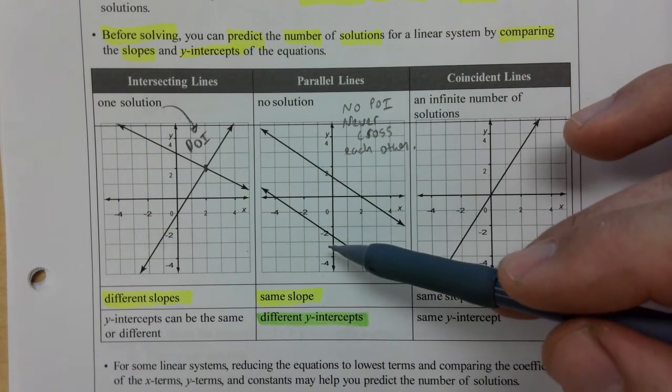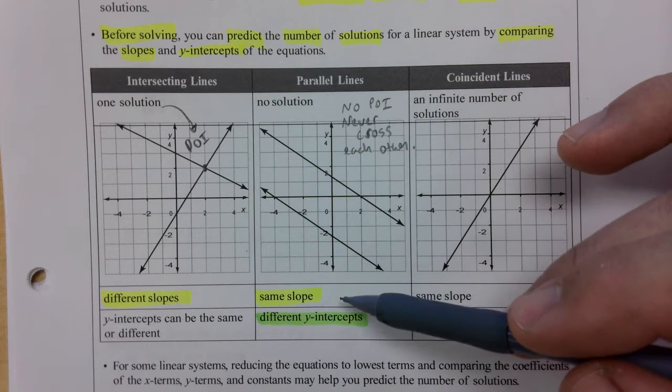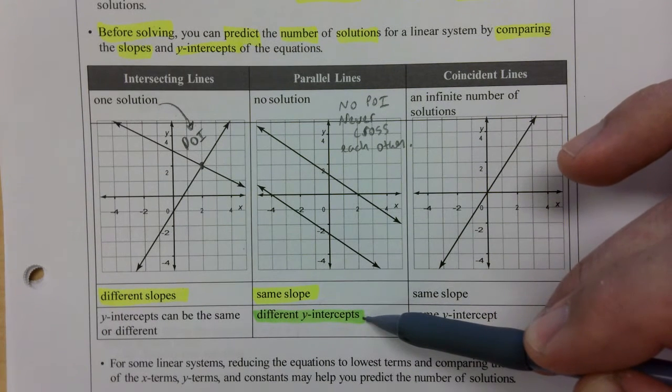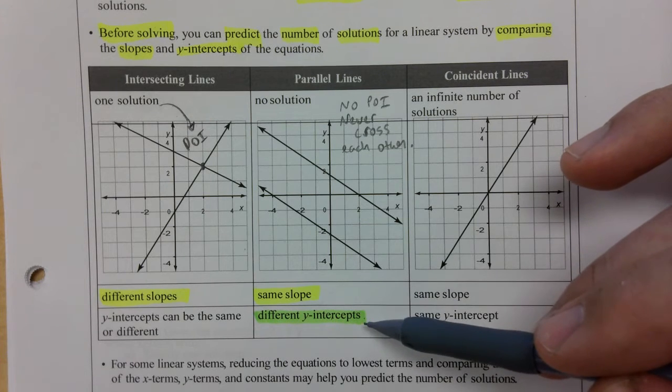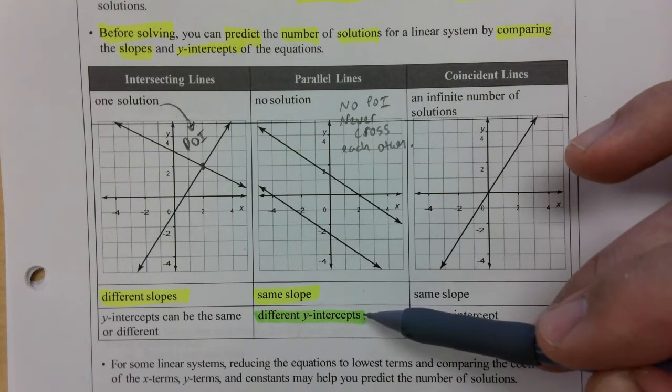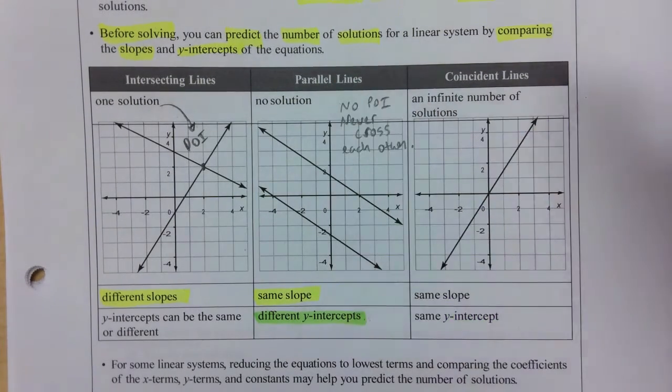So if you're graphing both lines, you also have to make sure they have a different y-intercept. I was kind of contradicting myself a little bit. You might be thinking, wait, just look at the slope. So they have to have different y-intercepts as well. These are the two conditions for lines to have no solution.